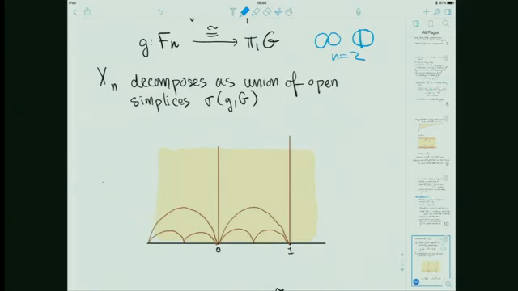You get a marked theta graph, which gives you an open triangle, and a marked rose gives you an open line. One simplex and a 2 simplex.